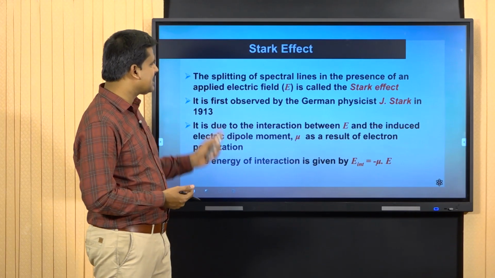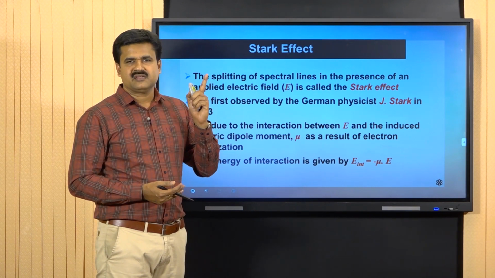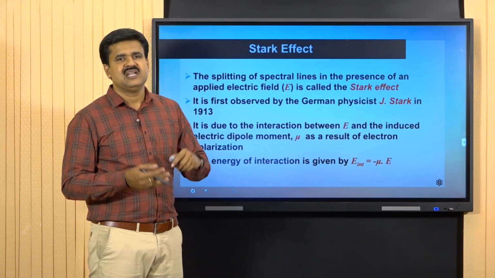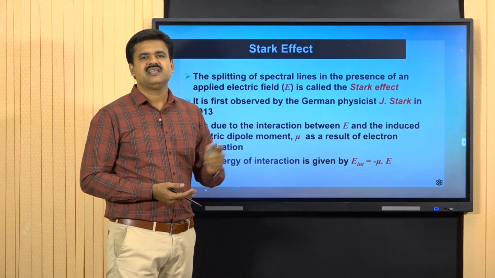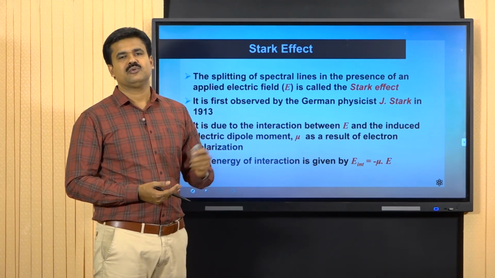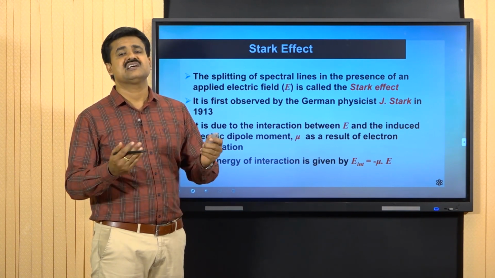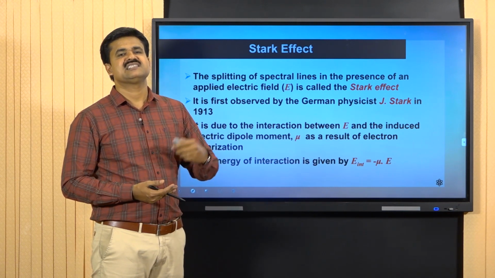The Stark effect occurs due to the interaction of the electric field and the induced electric dipole moment as a result of electron polarization. The energy of interaction in the Stark effect is given by E interaction equal to minus mu dot E.